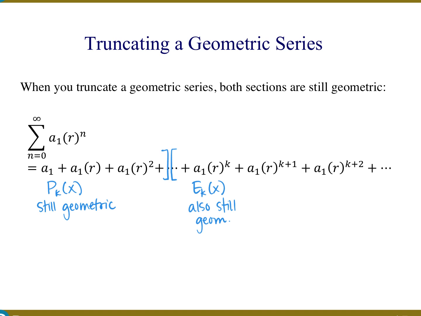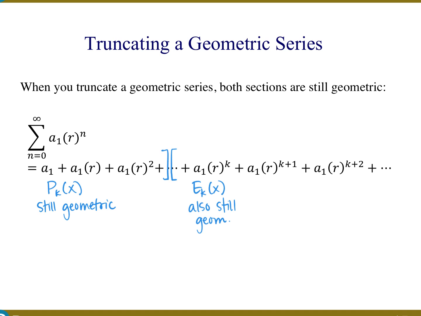When you truncate a geometric series, its error is all still geometric because it's still following a pattern of multiplication. The p part, the polynomial part, has what starting term? Do you know it's 0? It'll be a1. Its starting term is a1, okay?